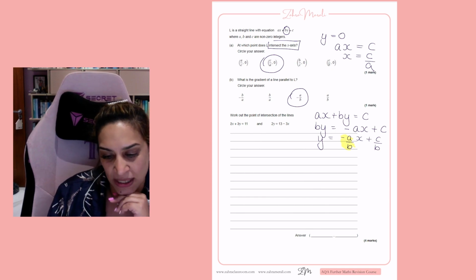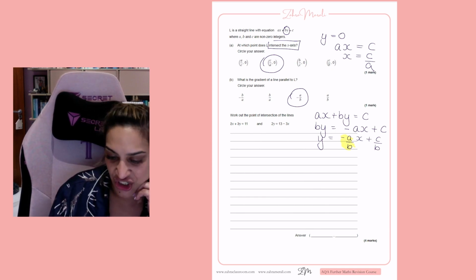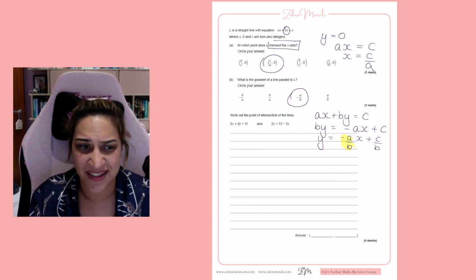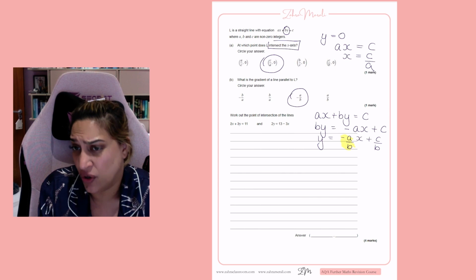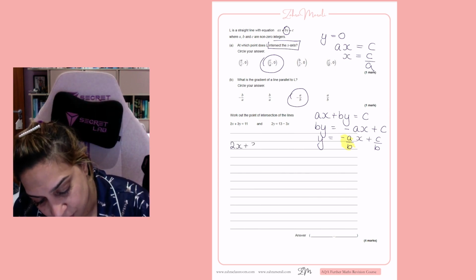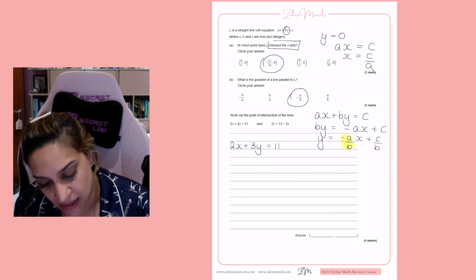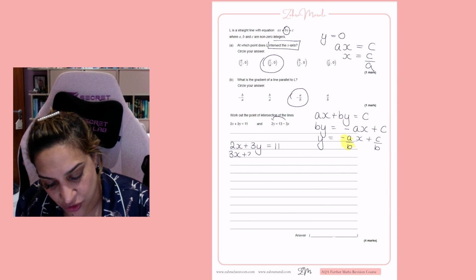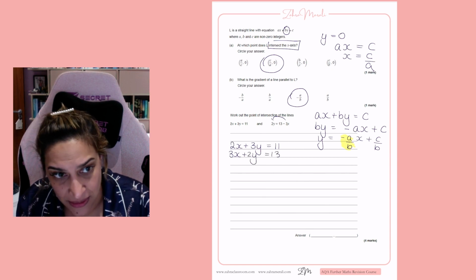Okay, now they've got work out the point of intersection of the lines. So we've got simultaneous equations again, just in context. It's what we use them for. So we've got 2x plus 3y equals 11. I'm going to bring that 3x over, and we get 3x plus 2y equals 13.